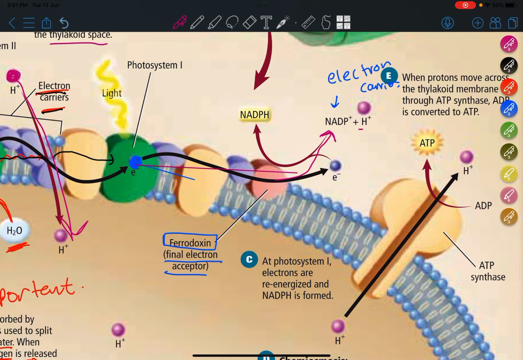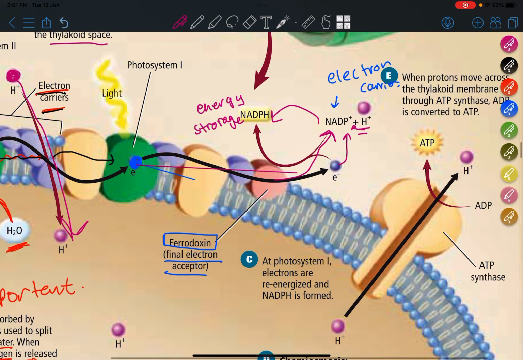It will add a hydrogen ion to it and an electron. So ferredoxin will give an electron to NADP+, and once a hydrogen is added to that, it will turn into NADPH, and NADPH is an energy storage molecule. Okay, energy storage molecule.